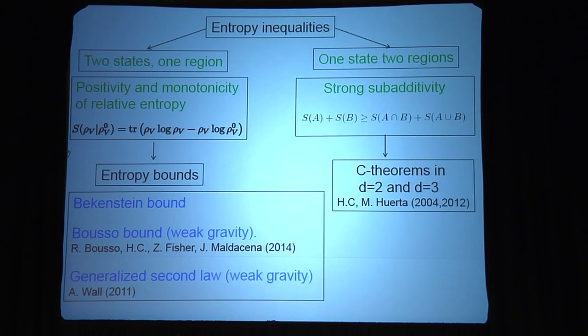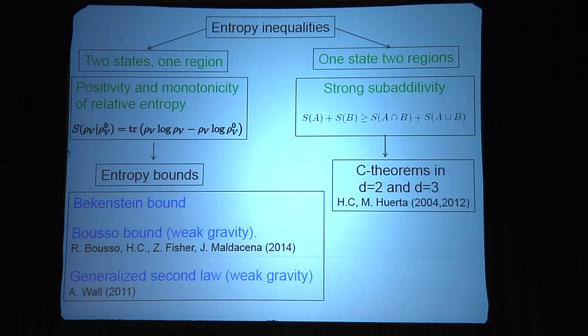So I have to say that these properties and these quantities were known a very long time ago by people working in information theory, and the monotonicity of relative entropy and strong subadditivity are somehow the deepest known properties of the entropy up to now, and they are related to each other, so they are the same kind of property.